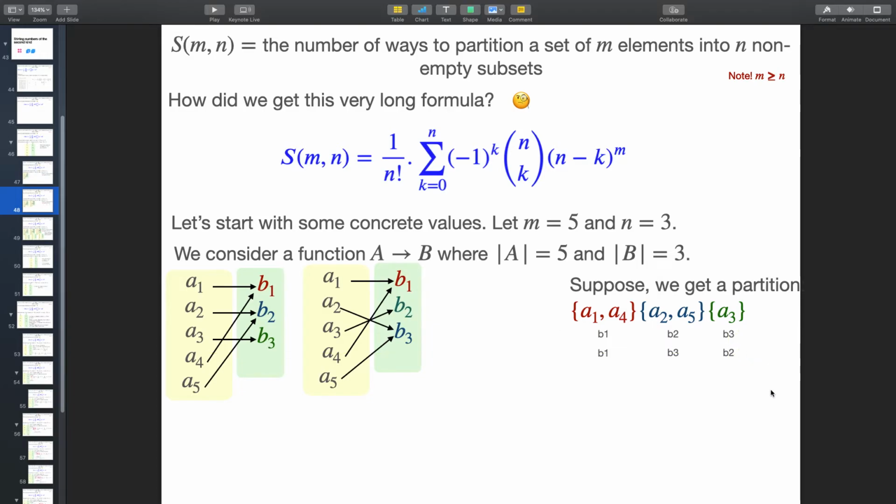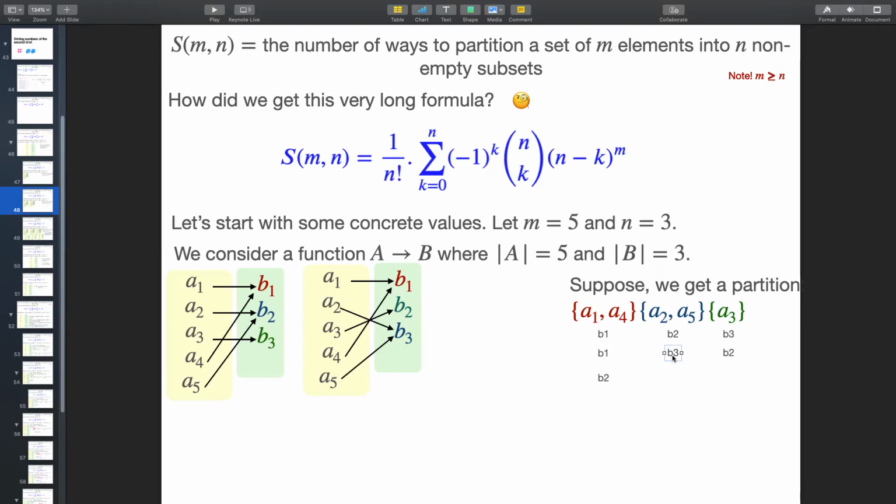So, na-imagine nyo ba? Marami pang ibang onto function na makukuha from one partition. Right? Pwedeng i-associate natin to kay B sub 2.